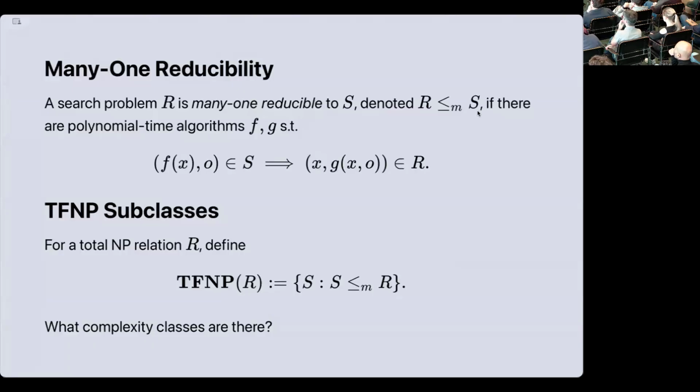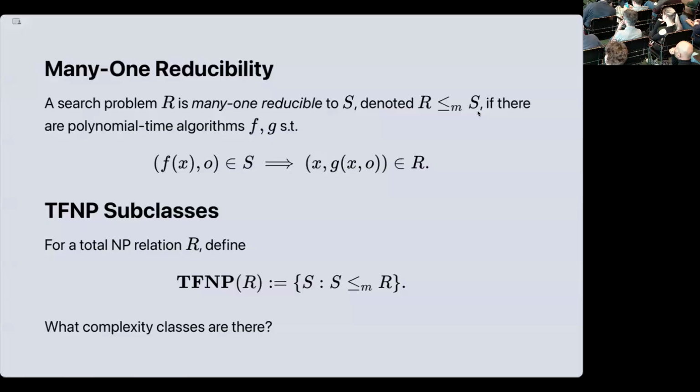If I have an algorithm for S, I can start with an input x to R, map it to my input to S, solve the problem and get some solution o, and then map that solution back to a solution to R. Does that make sense? The only thing that we require is that this implication exists in order for this strategy to work in the definition of the reduction. So this is just a mapping reduction.